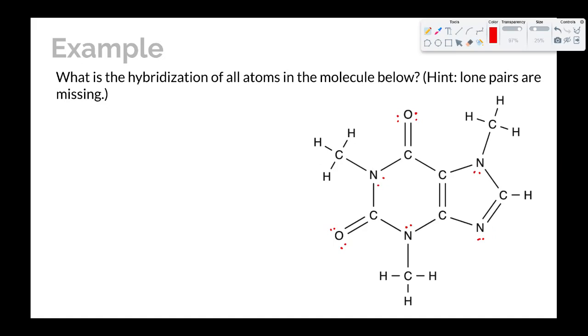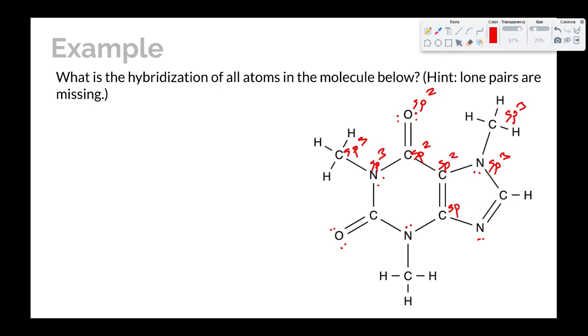Okay, what's the hybridization? We're looking at steric number. So this is going to be sp3 because there's 4 steric number. This is also going to be sp3. Steric number 3 here, so this is sp2. 3 regions of electron density here, this is sp2. This is sp3, steric number 4. Steric number 4 here, sp3. Steric number 3, this is sp2.